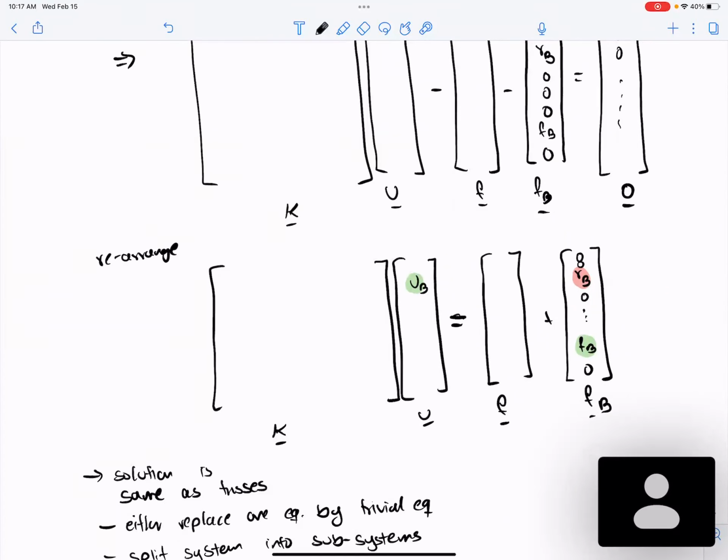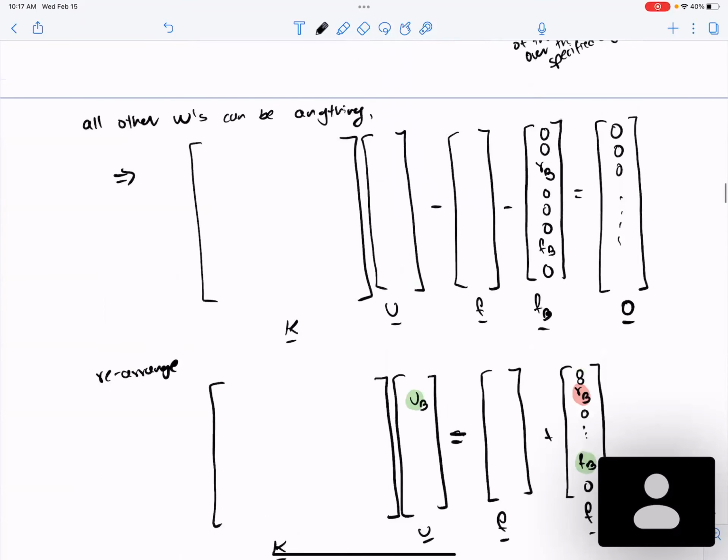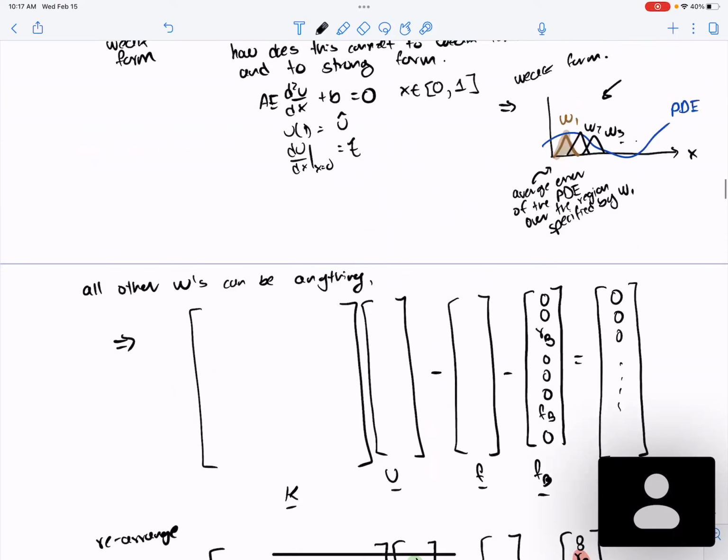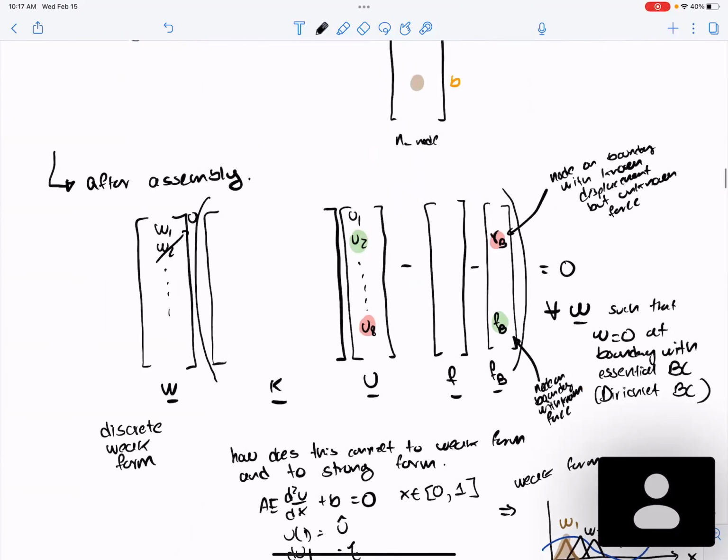Any other question? Yes. No, because the condition on the W is just that it's 0 whenever we know the displacement. The only reason for that is that we don't know a force. So the only reason I set W2 to 0 is because I want that equation to be 0, but I don't know the reaction.